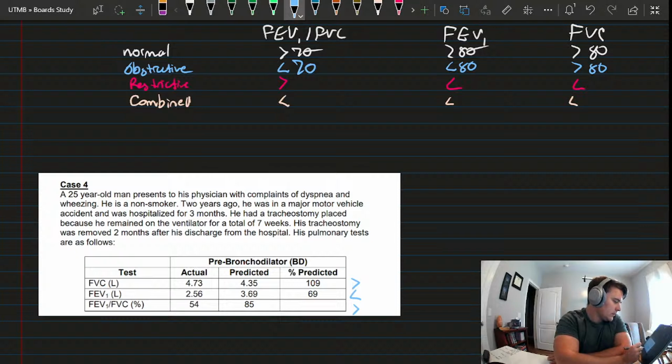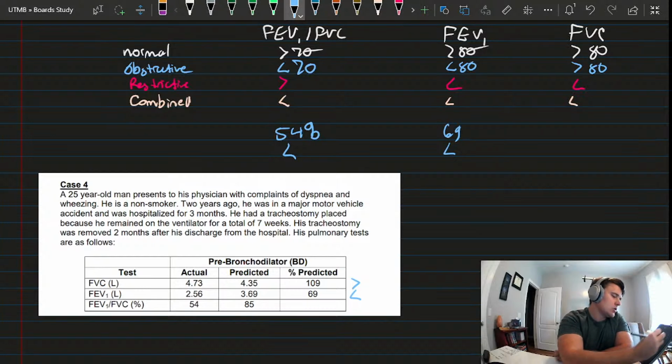So if we follow it up, so sorry, actual is less than. So FEV1 over FVC is 54%, which is less than. Or FEV1 actual is 256, so percent of predicted is 69, which is less than. And our functional vital capacity is higher, so it's 109%, of course, and this is greater than.